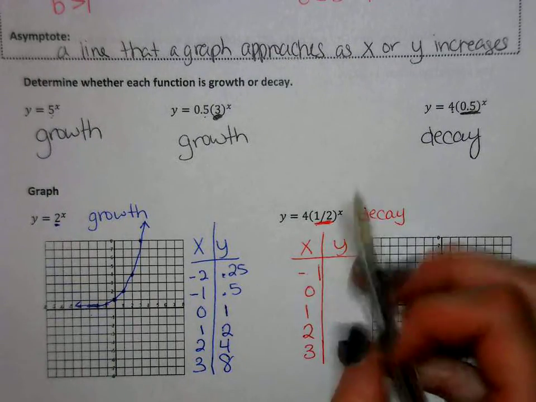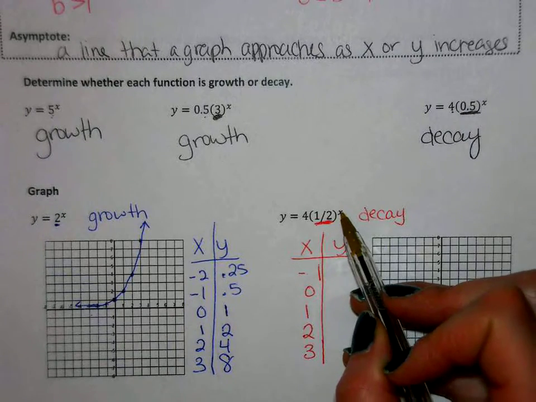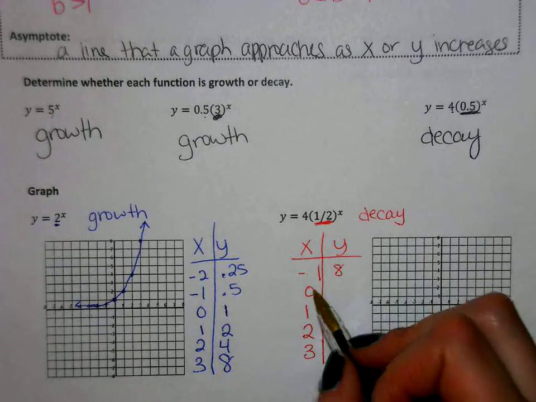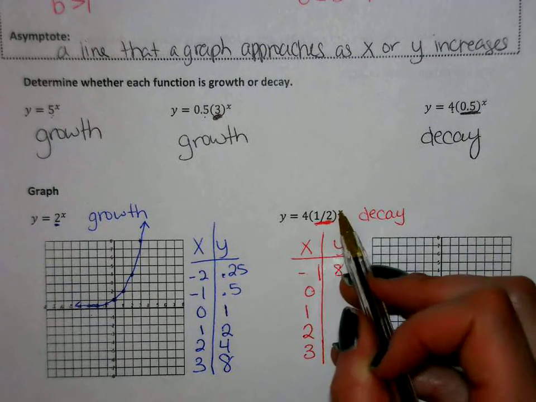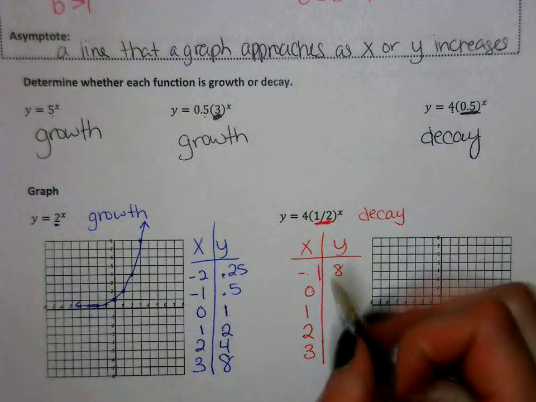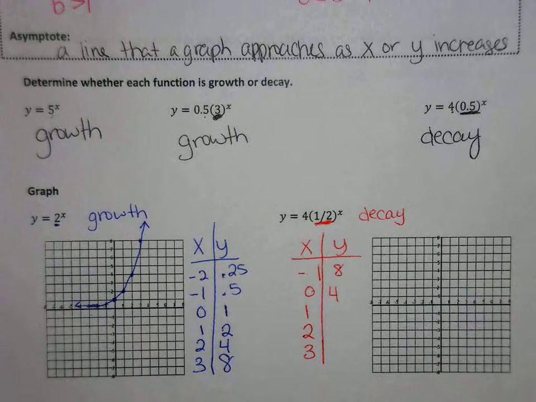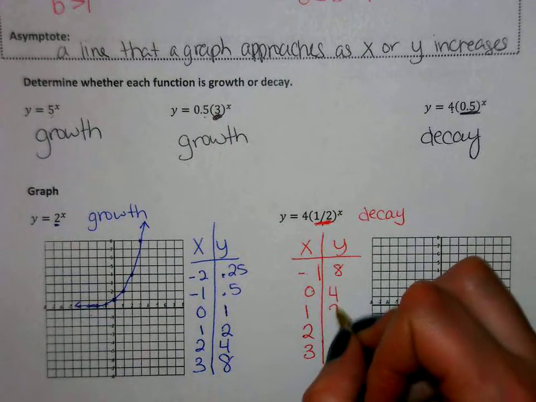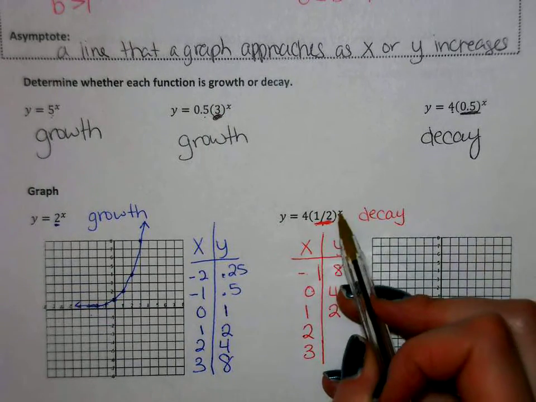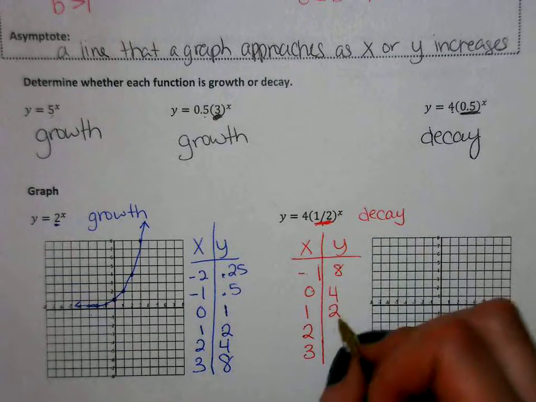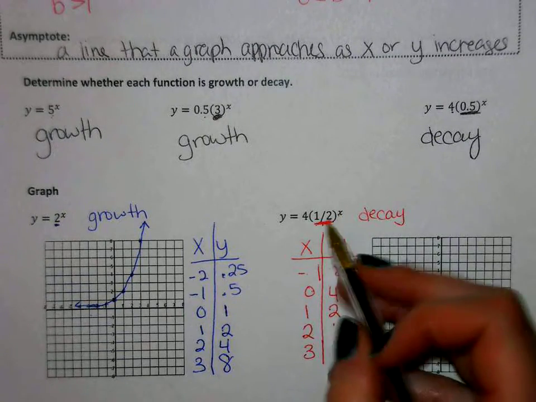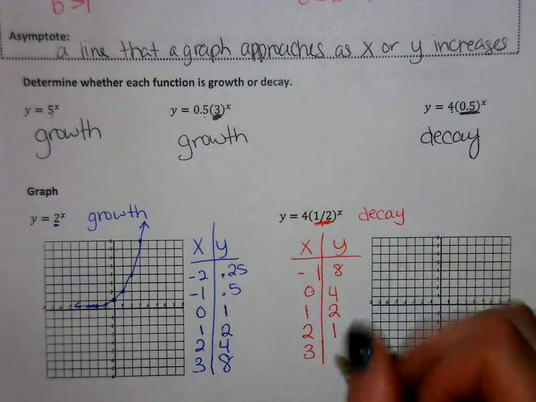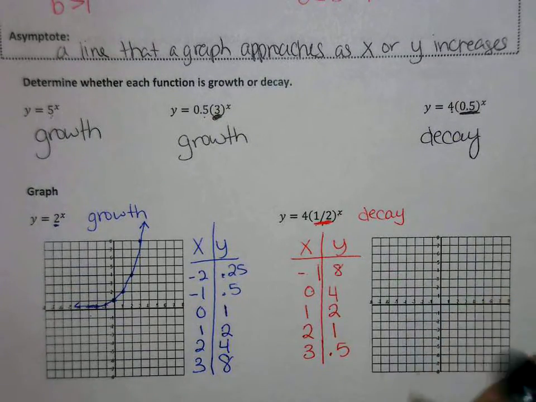So if we plug in a -1, 1/2 to the -1 power times 4 is 8. 1/2 to the 0 power times 4 is 4. 1/2 to the 1st power times 4 is 2. 1/2 to the 2nd power times 4 is 1. 1/2 to the 3rd power times 4 is 0.5.